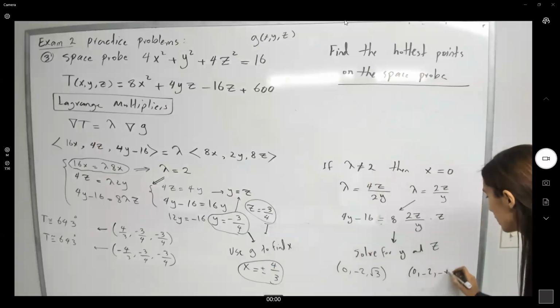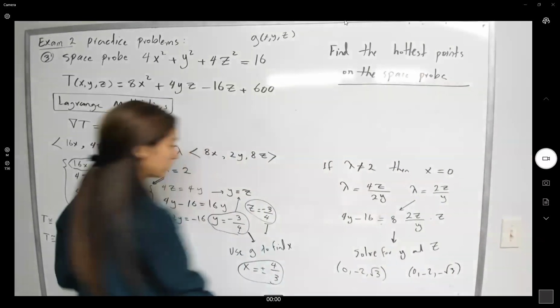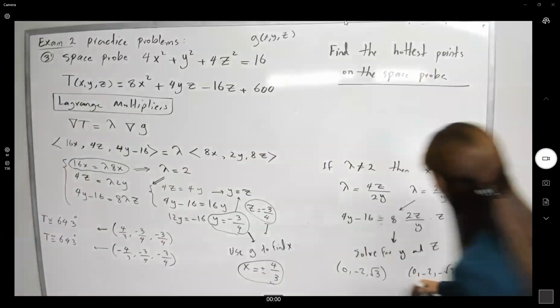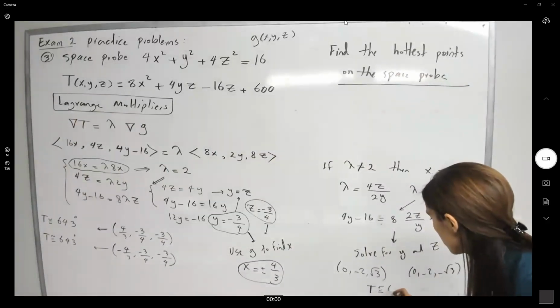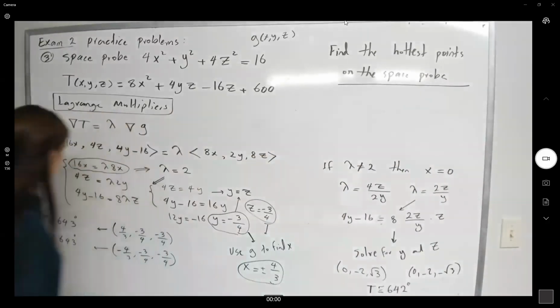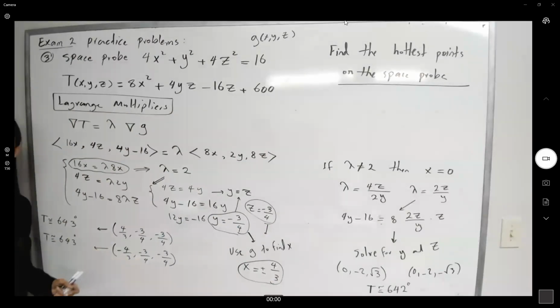If you calculate the temperature at these points, you approximately get, let's see, almost 642 degrees, which is less than the temperature at the first 2 points. So your space prop is going to take its maximum temperature at these 2 points, plus or minus 4/3, -3/4, and -3/4.